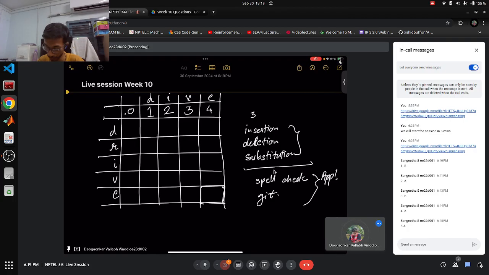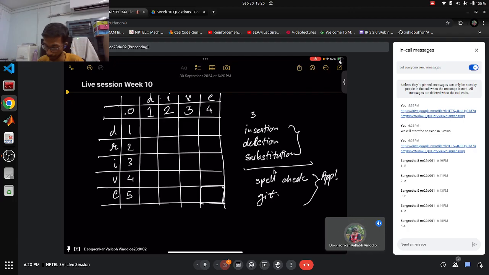Similarly, if you had a blank space and you want to replace it with a D, you need 1 insertion operation. Similarly for DR 2, DRI 3, DRIV 4, DRIVE 5. That's how you get these numbers.